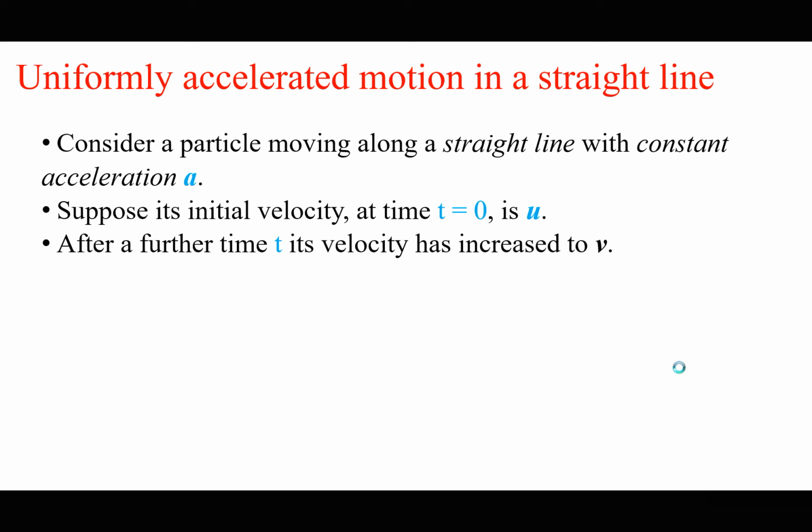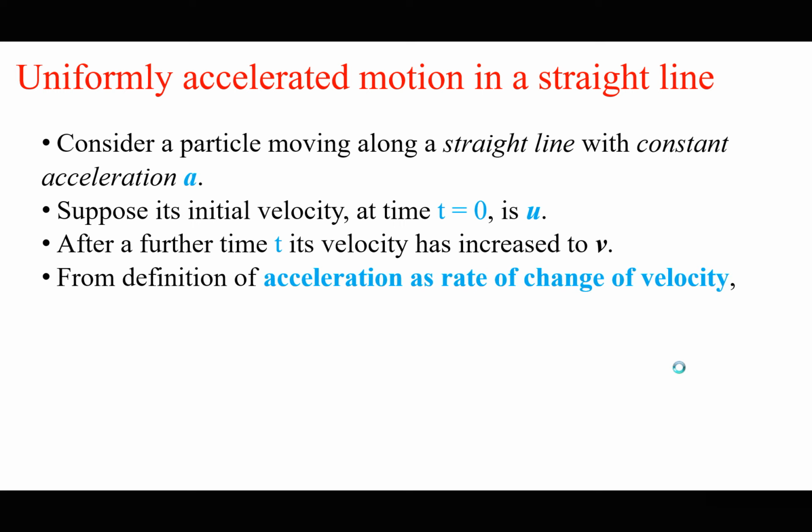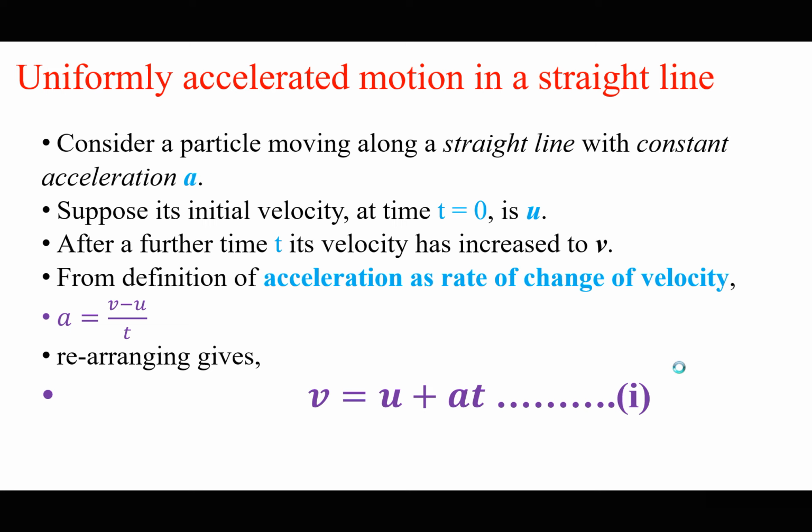And from the definition of acceleration as the rate of change of velocity, we have that the acceleration is equal to v minus u divided by t. If I rearrange this equation, I obtain that v equals u plus at. So that is the first equation of kinematics.